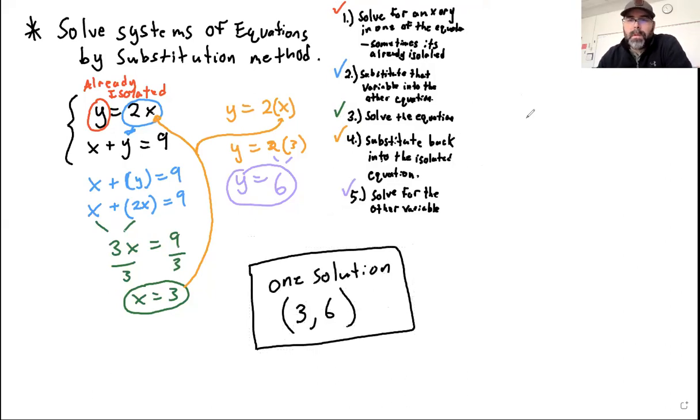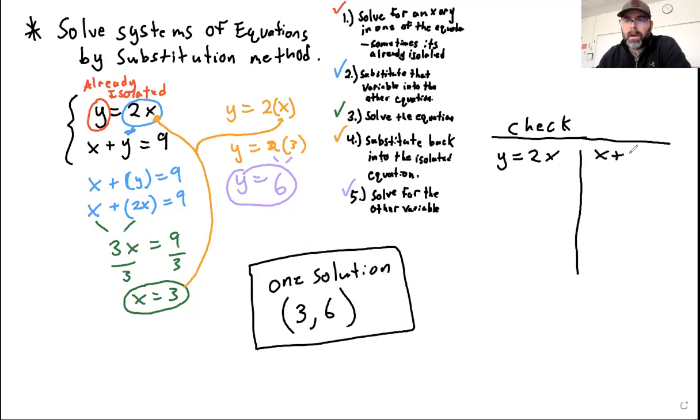I'm going to show you how to do that. So now let's check our answer. I'm only going to do this once because it adds a lot of extra work to your process here. When you're checking your answer, you want to make sure that x and y fit into not only the first equation, but also the second equation. So you're going to write out your system again. Y equals 2x. And you're also going to write it out for the other equation, x plus y equals 9.